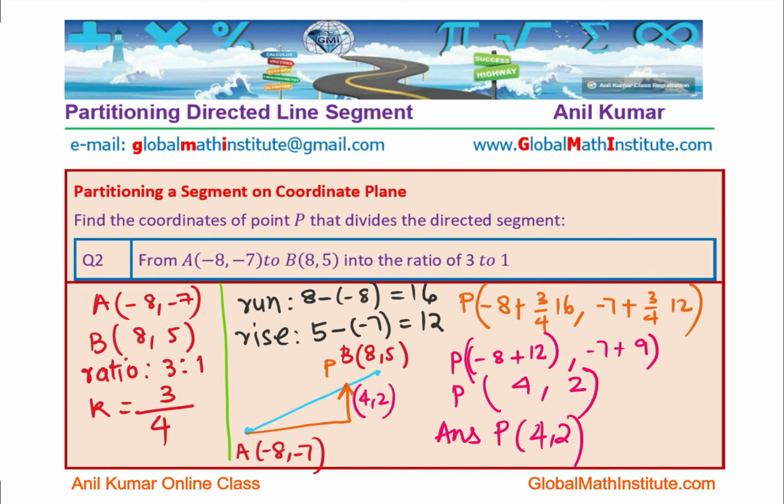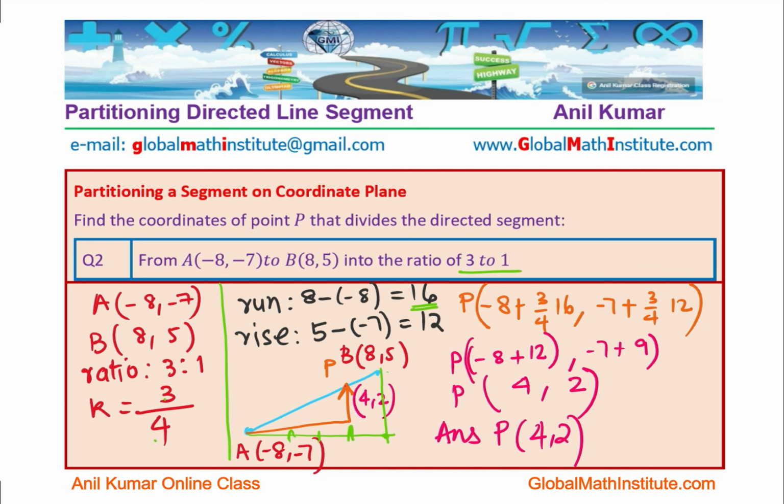Let's try to understand the process. We found the run, correct? And this total run was 16. Since the ratio is 3 to 1, that means 3 by 4. We divide it into 4 equal parts, right?